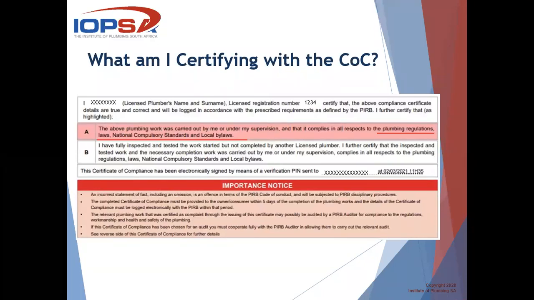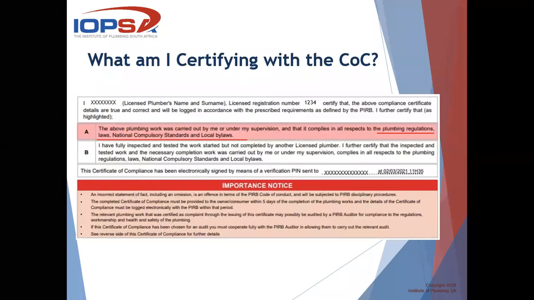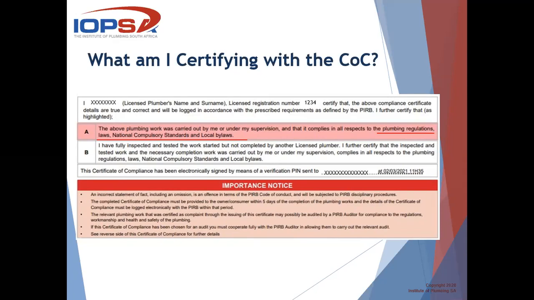And obviously, if you do the installation correctly in terms of those standards, it will also protect you as the plumber. So please, this is just a request: work with the auditor, and let's see if we can improve this industry of ours and move forward.